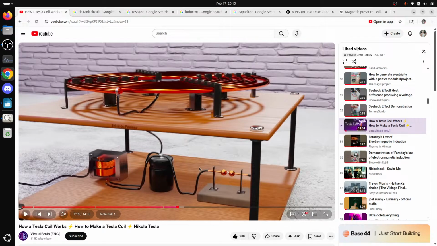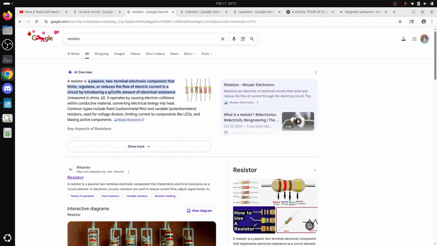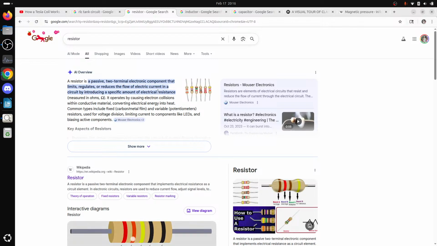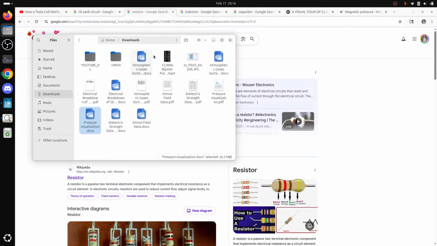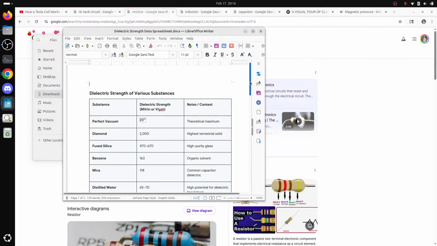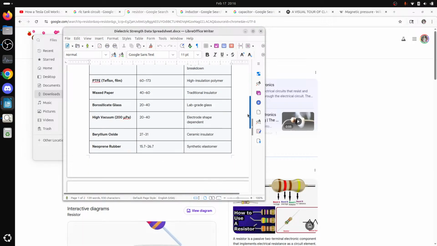All right, I don't know if we need to go through this or how much information you need, but a resistor reduces the flow of electrical current in a circuit by introducing a specific amount of electrical resistance. Let's pull this up. Things that have resistance.